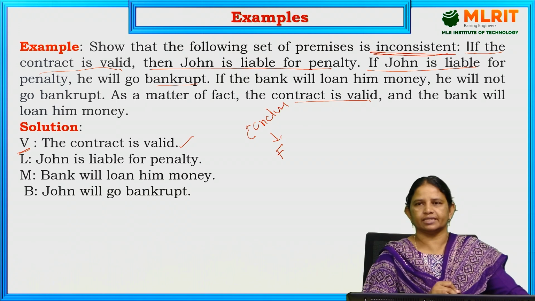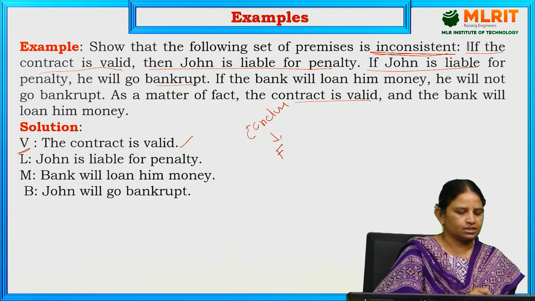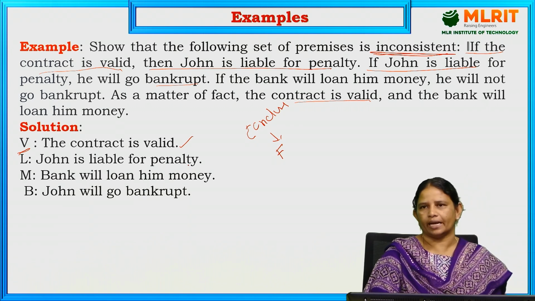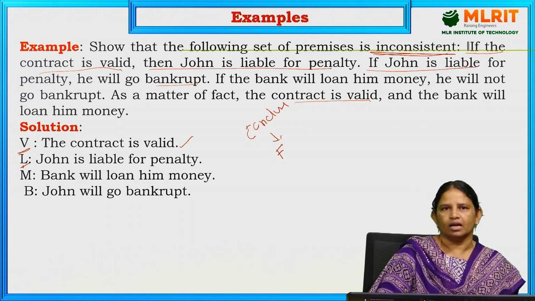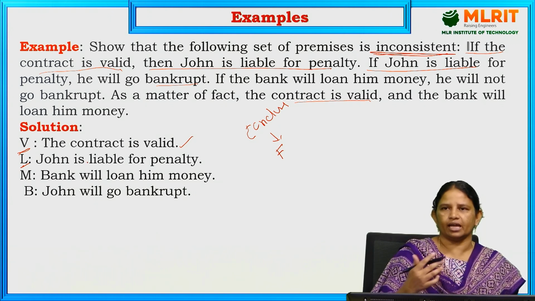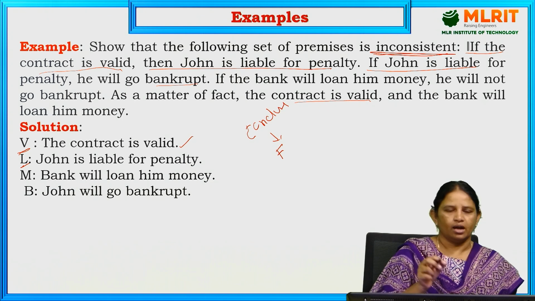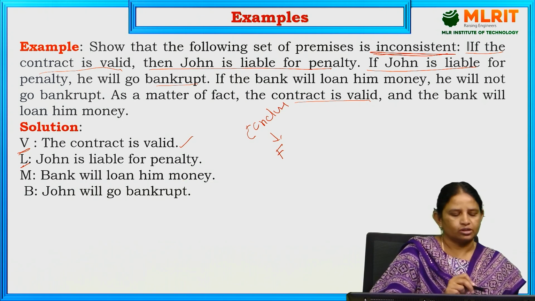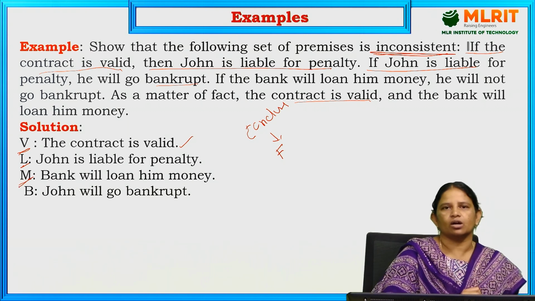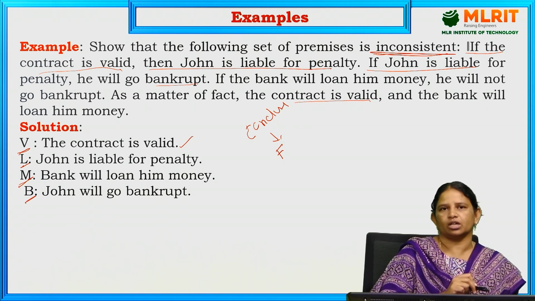Next, John is liable for penalty, which will be considered as L. Instead of writing the entire statement, we can represent it with the notation L. Next, the bank will loan him money, represented by the notation M. John will go bankrupt is represented by the notation B.